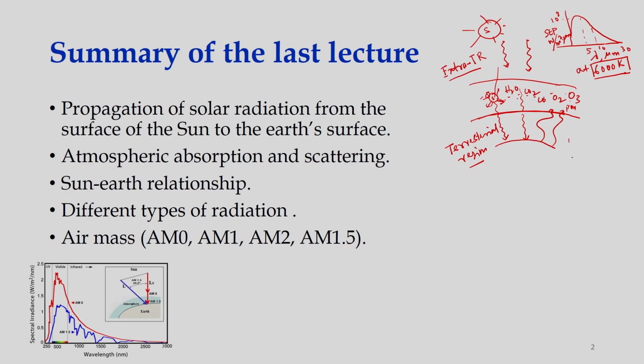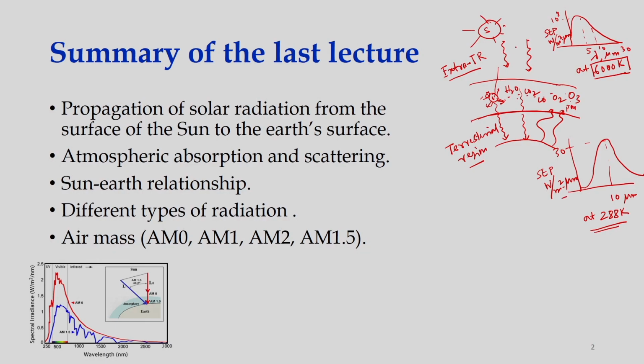When we draw the spectrum curve for long wavelength radiation radiated from the earth surface, we get this kind of profile. The peak will be at 10 micron and this is at 288 Kelvin, and this may be at 30. Of course, this is spectral emissive power, with unit watt per meter square per micron.